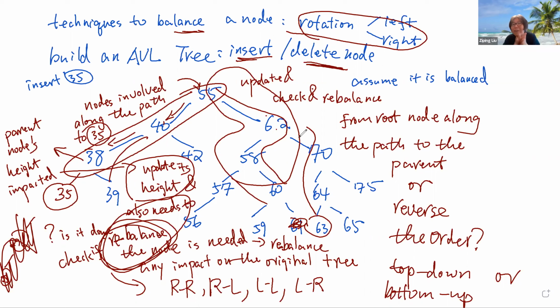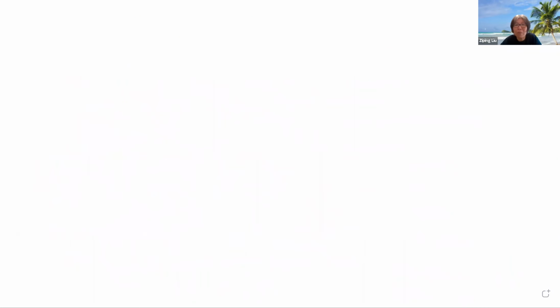The general idea is still, whenever you delete a node, then along the path, you need to update each node's height. You also need to rebalance if it is necessary. So I think that's all of the concept part regarding AVL tree. Today we just stop here, and Thursday we are going to go over the coding part.